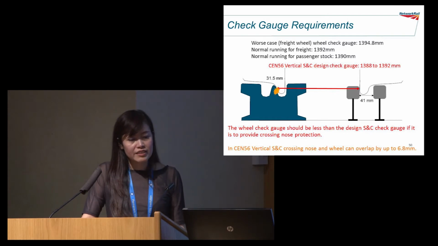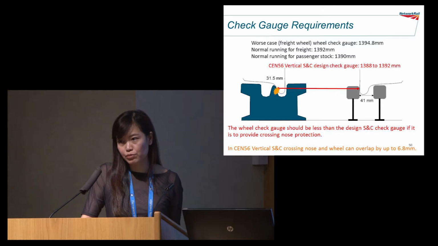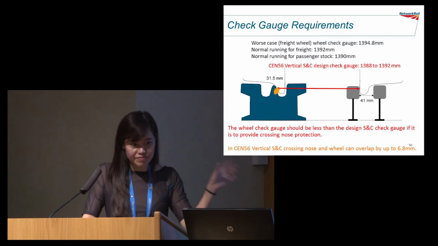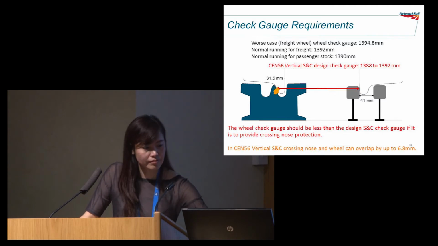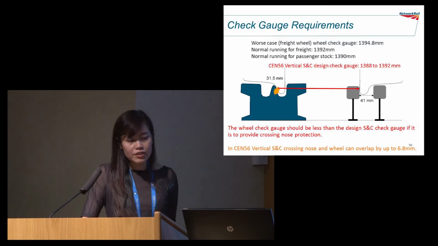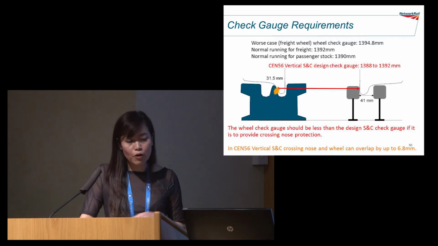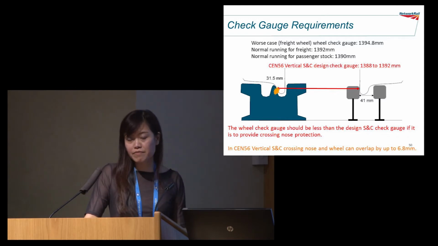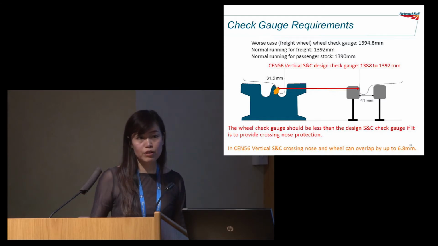We are building our design check gauge between 1388 and 1392. So does it cover that wheel check gauge? No. In vertical S&C, the crossing nose and wheel can overlap by up to 6.5 mil. So it is possible for the wheel to be striking the side of the nose.